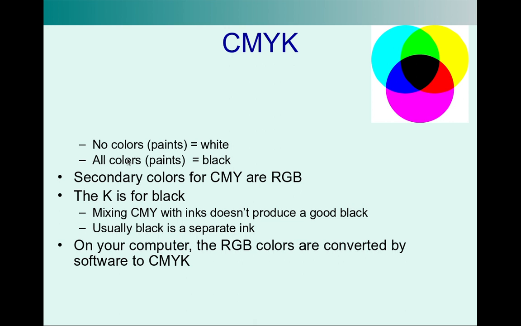Here, no colors is taken to be white because CMYK is used in systems which don't emit light. For example, in printing, different paints will be mixed to generate different colors.